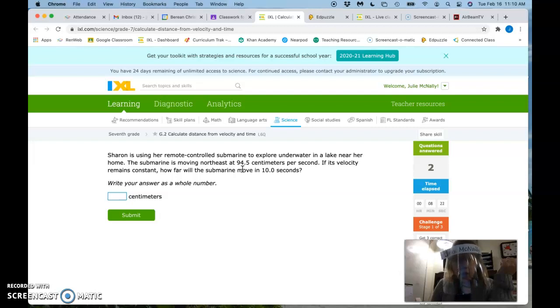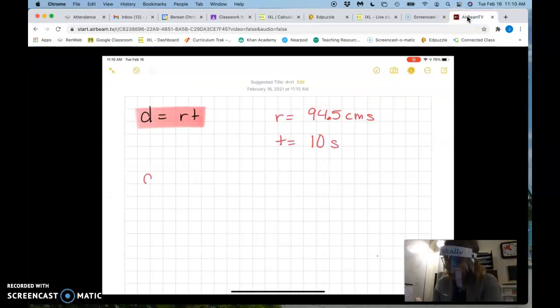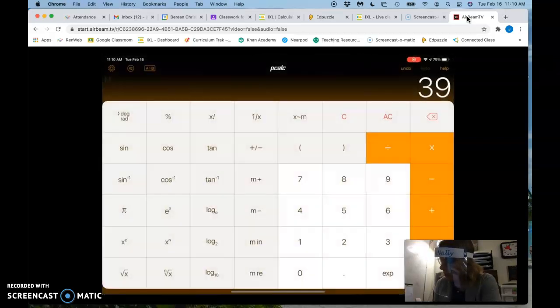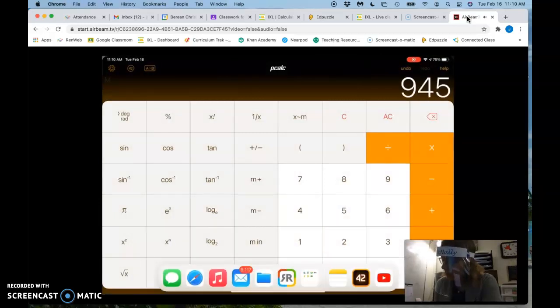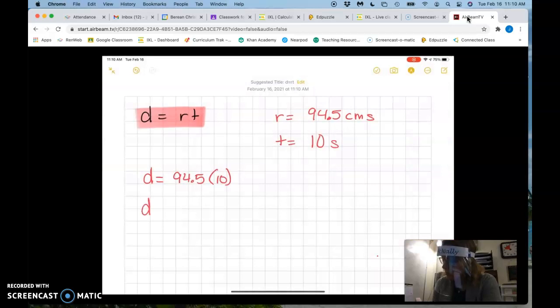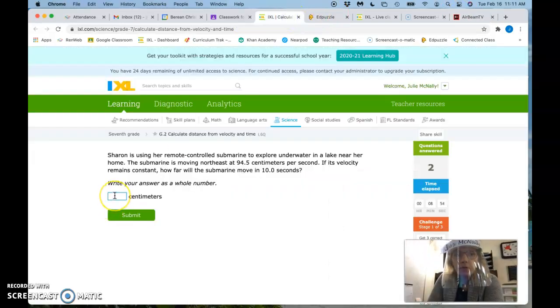And then if its velocity remains constant, how far will the submarine move in 10 seconds? So my time is 10 seconds, okay? So we're going to plug that in. 94.5 times 10, 945. And this time we're talking about centimeters. Okay.